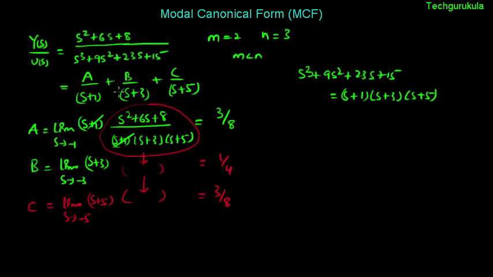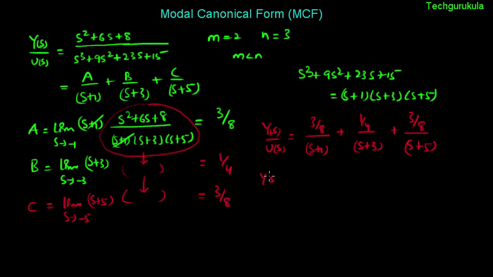Having known the coefficients a, b, and c, we can write the transfer function y of s over u of s as 3 over 8 by s plus 1, plus 1 over 4 by s plus 3, plus 3 over 8 by s plus 5.